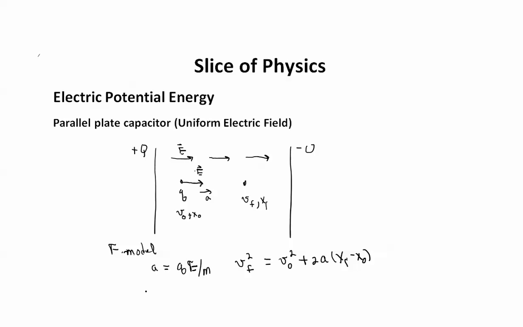So if I do that, then I get v final squared is v naught squared plus 2 qE over m times the displacement.